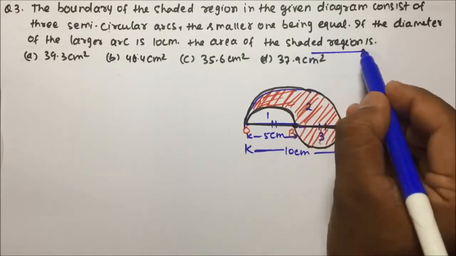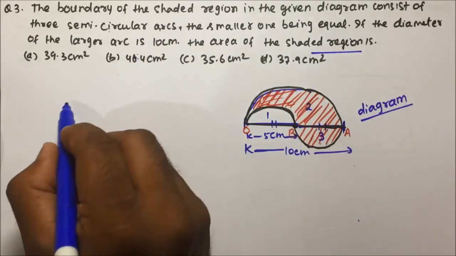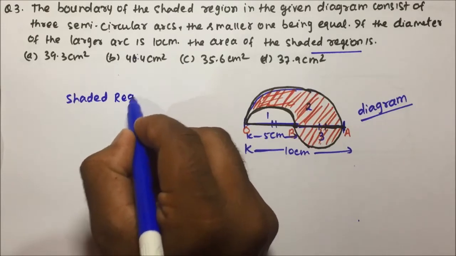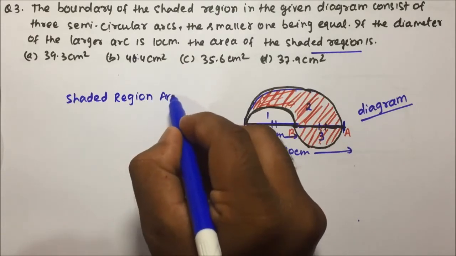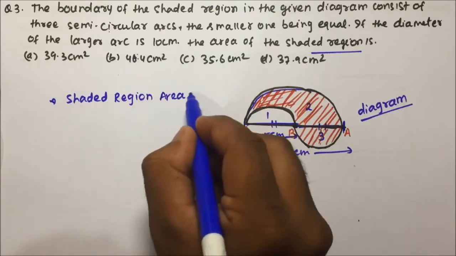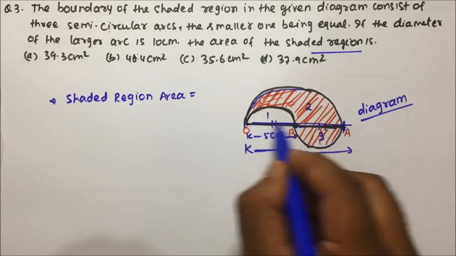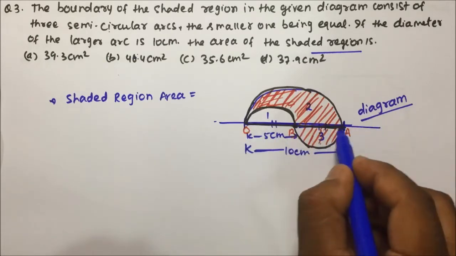Now friends, they are asking you the area of the shaded region. So I am asking you, and you tell me if it is correct or not. The shaded region area will be equal to, see, this is a semicircle OA.